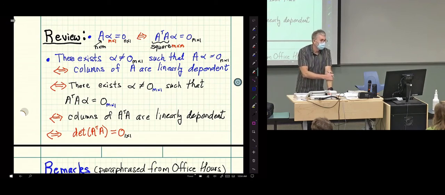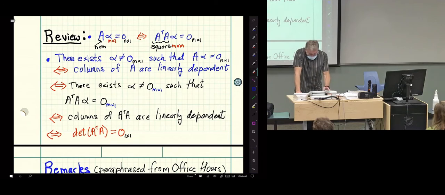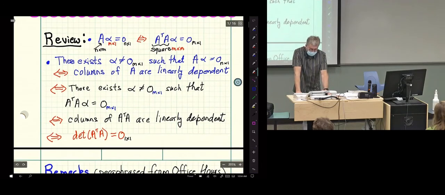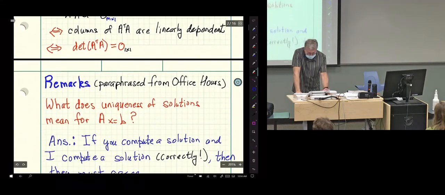You look at the determinant of the matrix, okay? So the columns of A transpose A are linearly independent if and only if the determinant of A transpose A is not equal to 0. And that's the 0 as a real number. It's a 1 by 1, except in Julia, it's not a 1 by 1. It's a scalar, okay? But it's a 1 by 1, just keeping the dimensions straight. So that's a good summary of rectangular to square and equivalences of concepts in terms of linear independence.